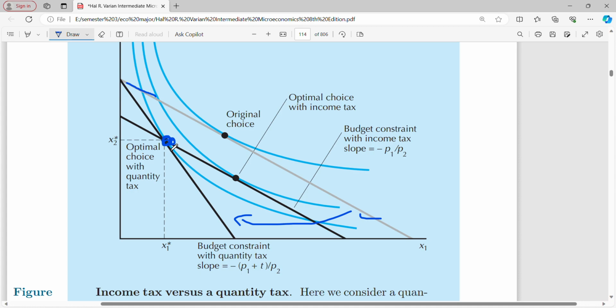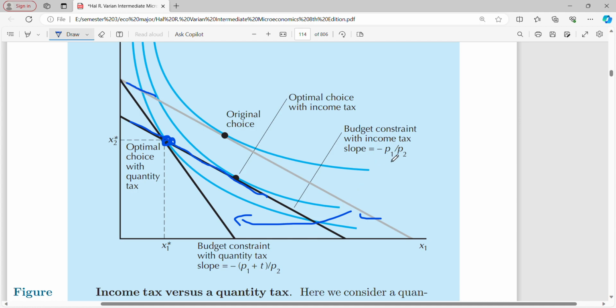Now x1 prime and x2 prime lie on the income tax budget line, this is the income tax, and x1 prime and x2 prime lie here only. So the MRS will be minus P1 plus T by P2, but the income tax allows us to trade at a rate of exchange of minus P1 by P2, right?